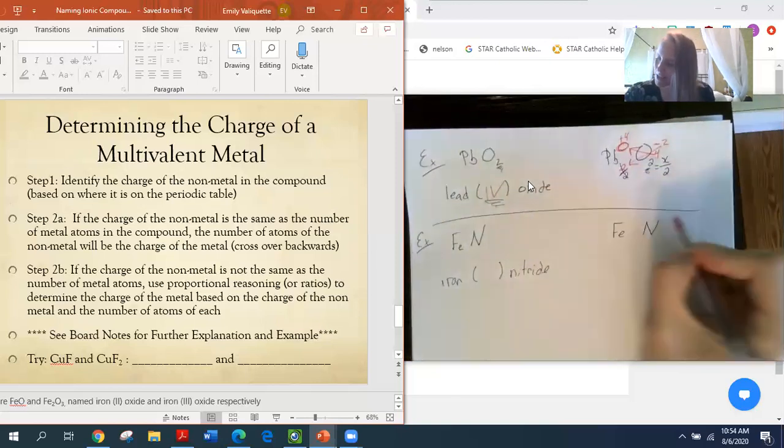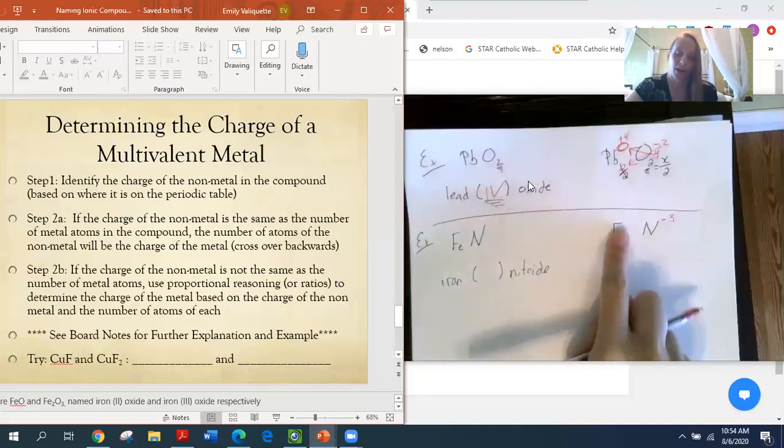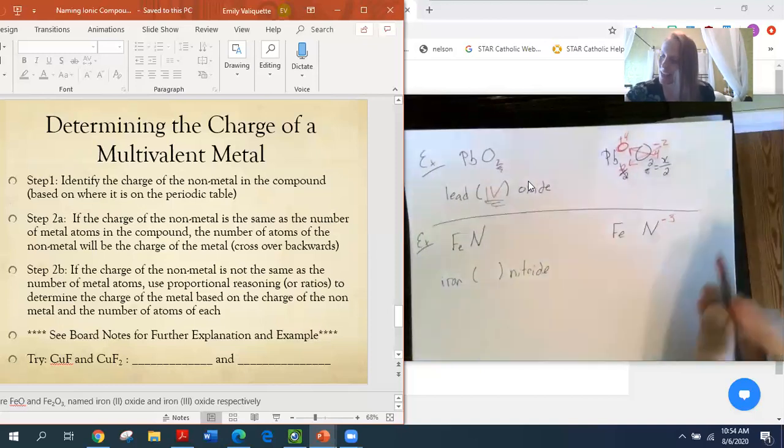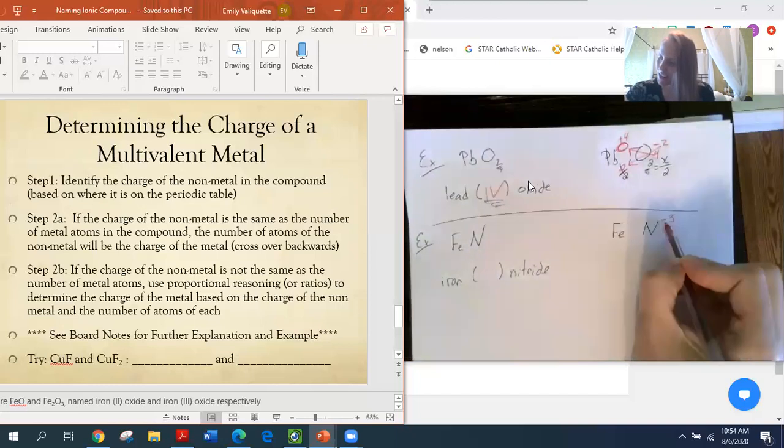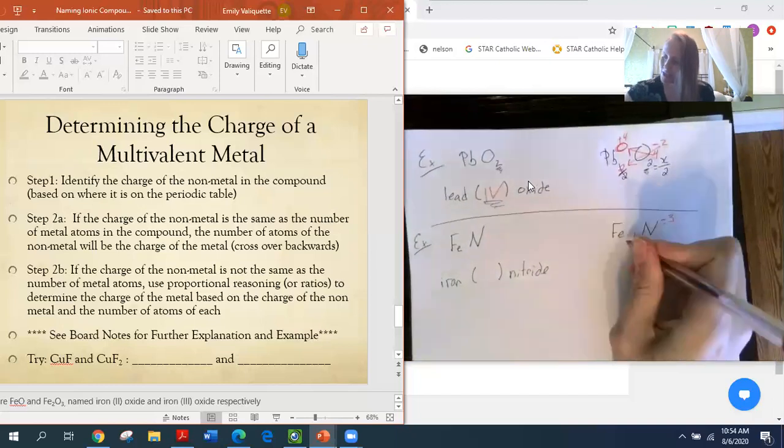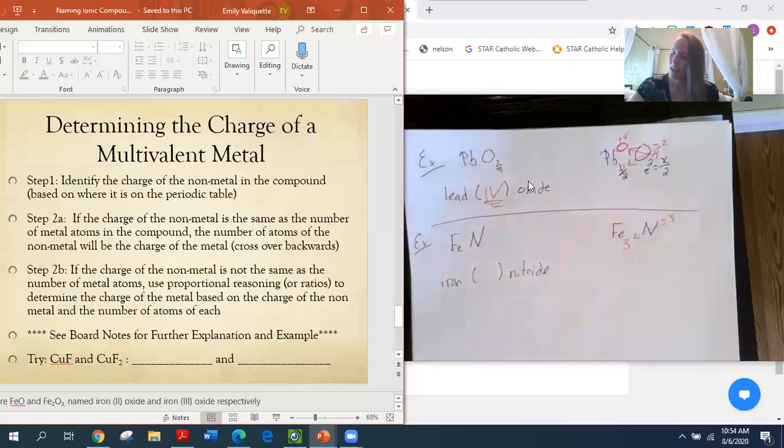I know that nitrogen has a charge of -3. I don't know what iron's charge is. So I'm going to cross over the charge that I know, which is a 3. So that means that I should have a 3 behind my iron, but I don't. So something canceled it out and left nothing behind.